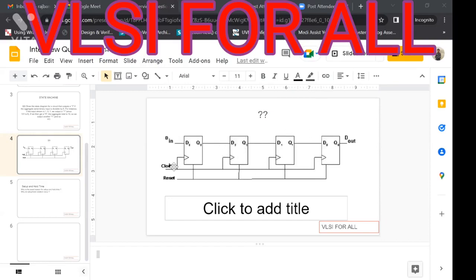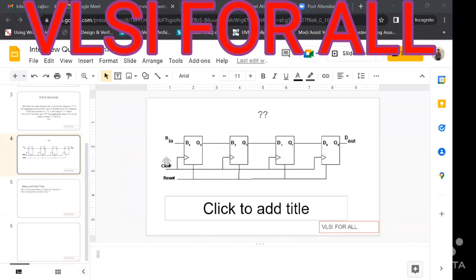Sir, we can do it by making the circuit asynchronous. You mean you want to apply different clocks to different flip-flops? Yes, sir. No, we have a single source clock. We only have a single clock.